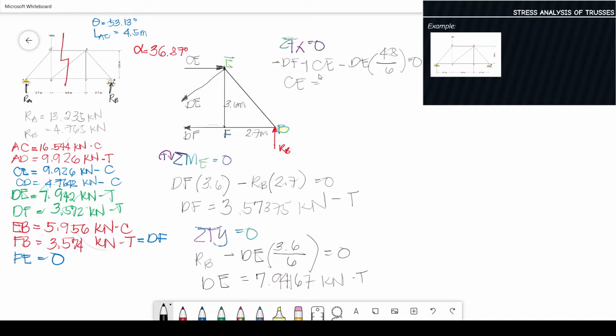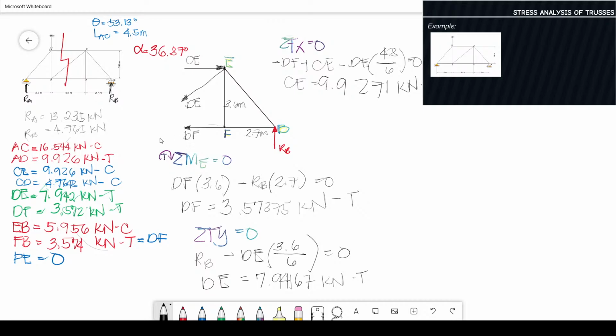DF is 3.57375 plus alpha times minus DE, which is 7.94167, cosine alpha, equals to 0. And CE is equal to 9.9271 kilonewton compression.